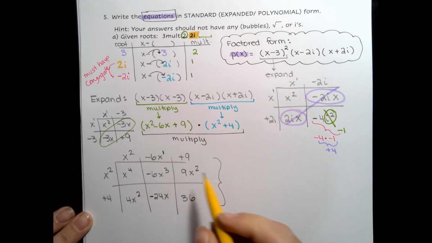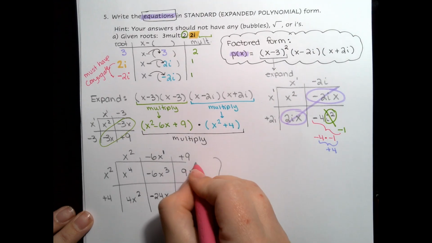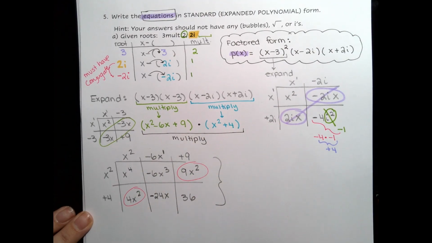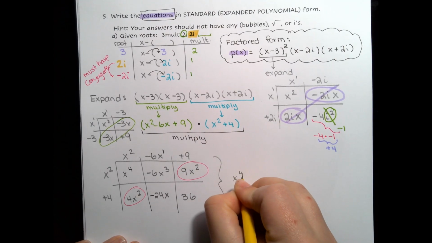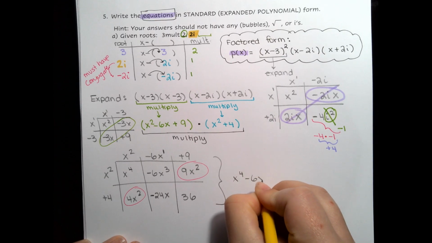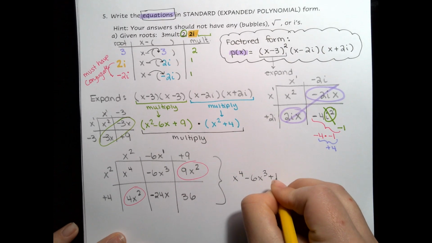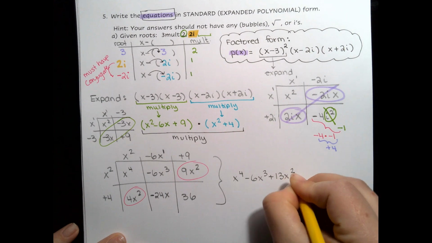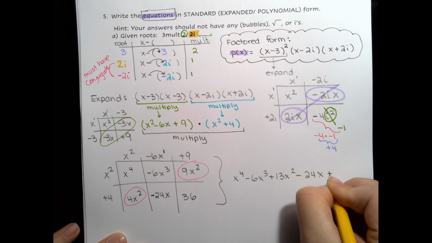So after that, add things if we can. I only see some things that we can add. I have an x squared, x squared. Everything else is different. So I'm looking at x to the 4th minus 6x cubed, plus 13x squared, minus 24x plus 36.